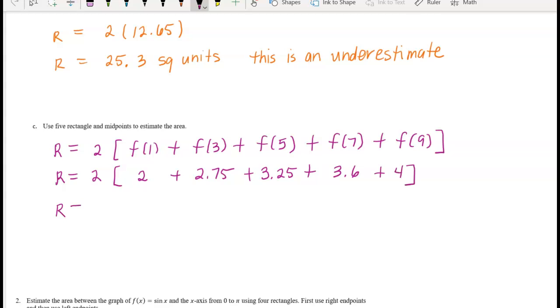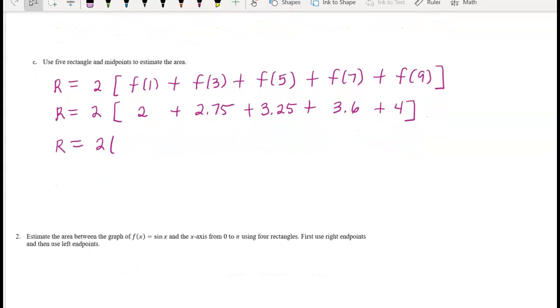Okay. All right, let's plug that into a calculator. Getting 15.6. So for my estimate here, 31.2 square units.